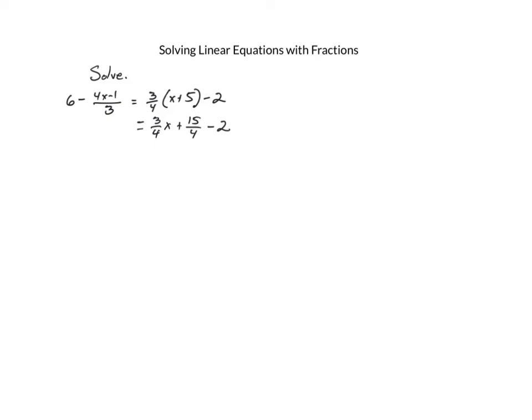So on the left-hand side, I have 6, and I still have to take care with this negative sign right here and make sure it gets distributed. But I'm going to apply this 3 in the denominator to each of the terms of the numerator.